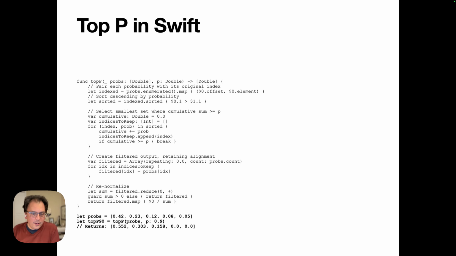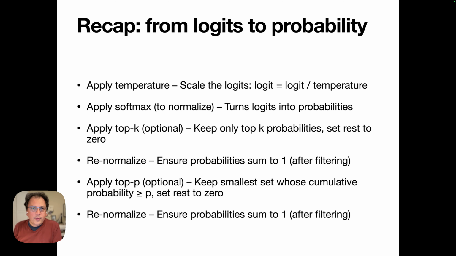This is basically how it looks and how it works. So you can set all three, because the temperature is set first, the softmax is applied, top N is applied, and then top P is applied.